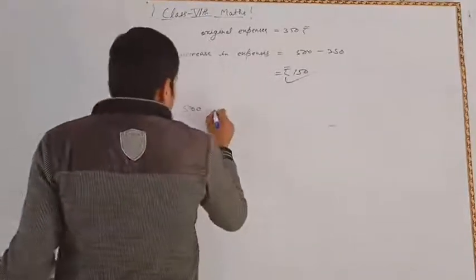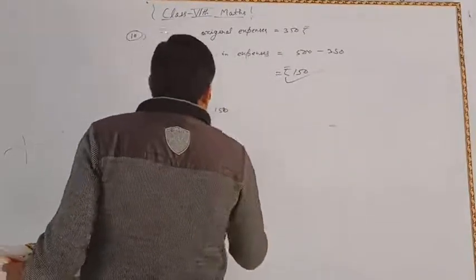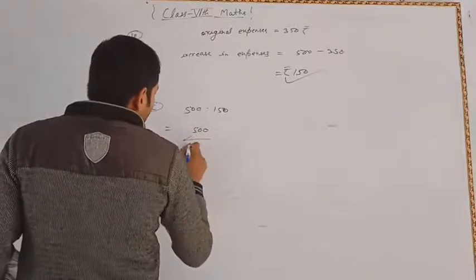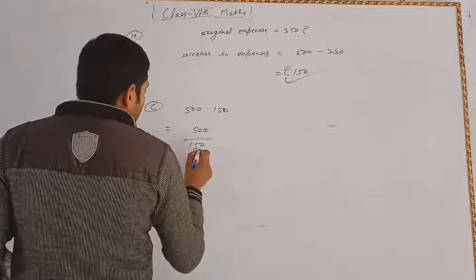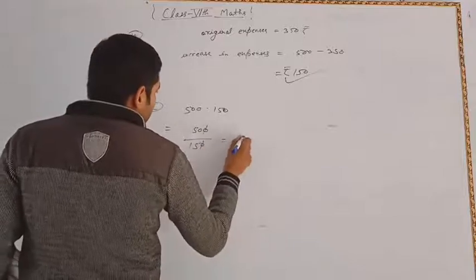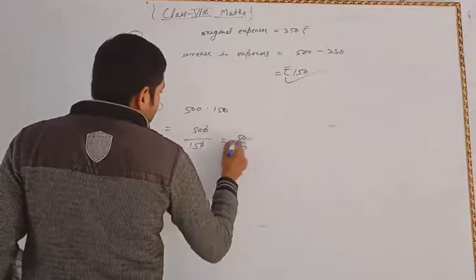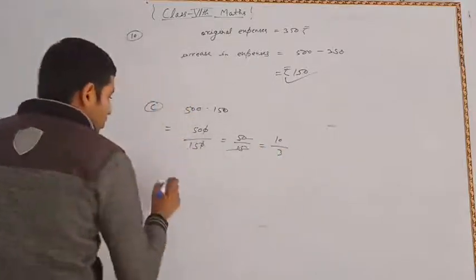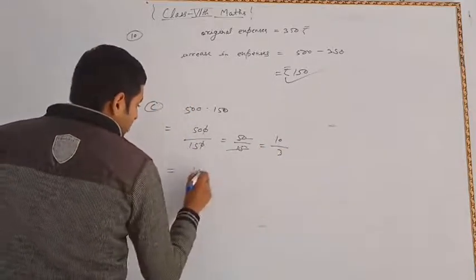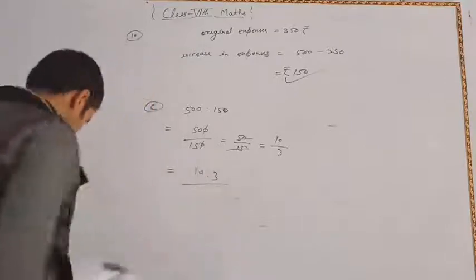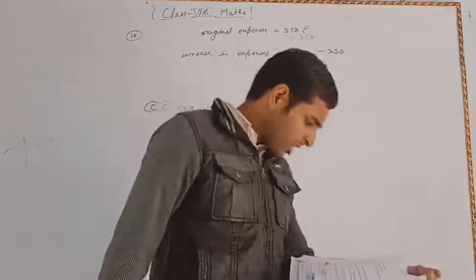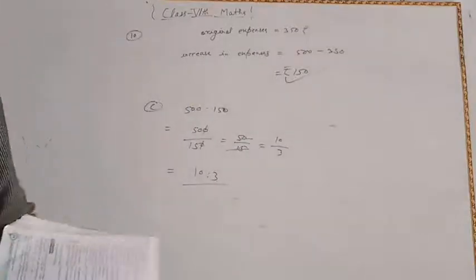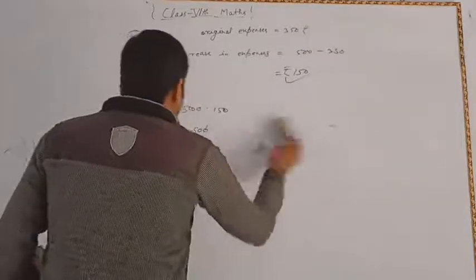So 500 upon 150, the zeros cancel, 50 upon 15. From here we get 5 10s are 50, 5 3s are 15. So 10 upon 3. So the ratio between increased expenses to increase in expenses is 10 ratio 3. So this is our solution of this problem.